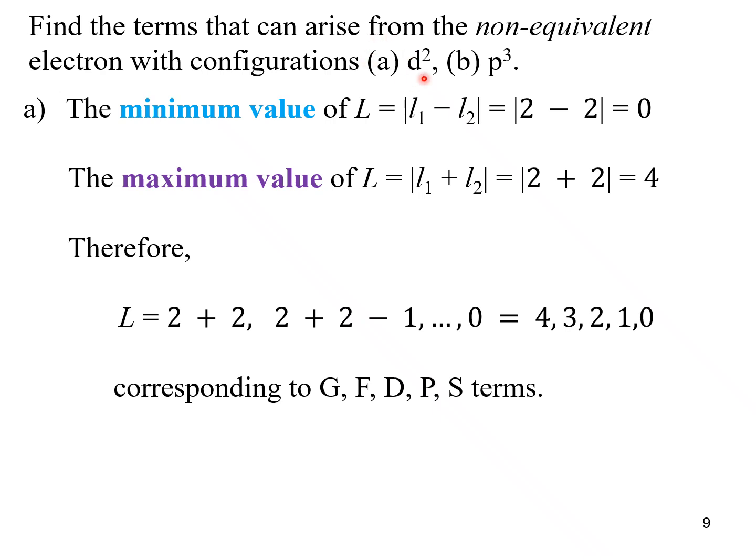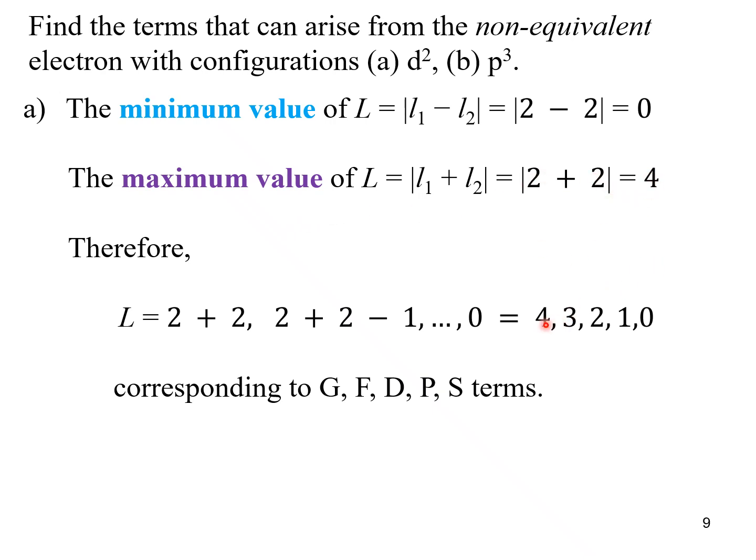If we look into example A, we can find the total for the electrons in this d orbital. It has l1 equals 2 and l2 also equals 2. So the minimum value for the capital letter L is 2 minus 2 equals 0, while the maximum value is 2 plus 2, which gives 4.